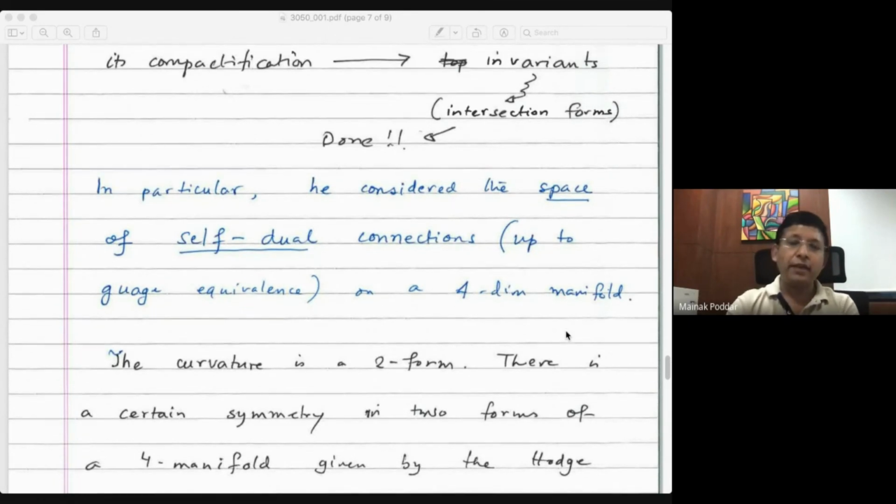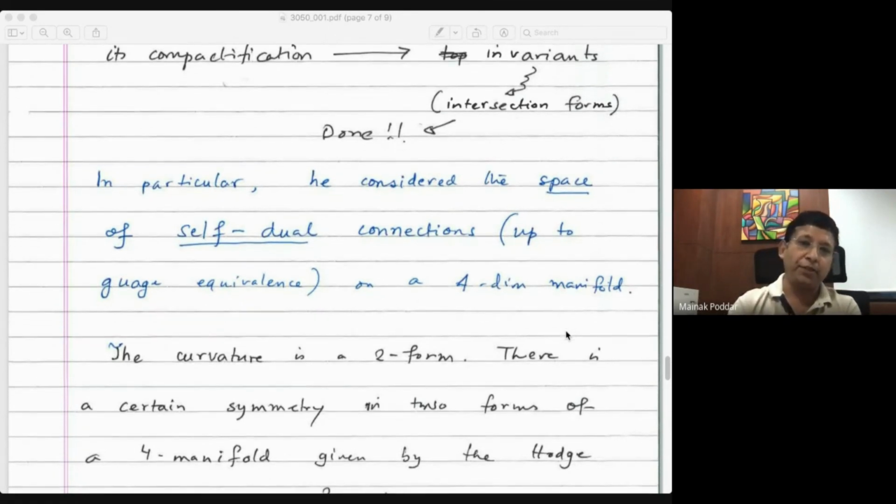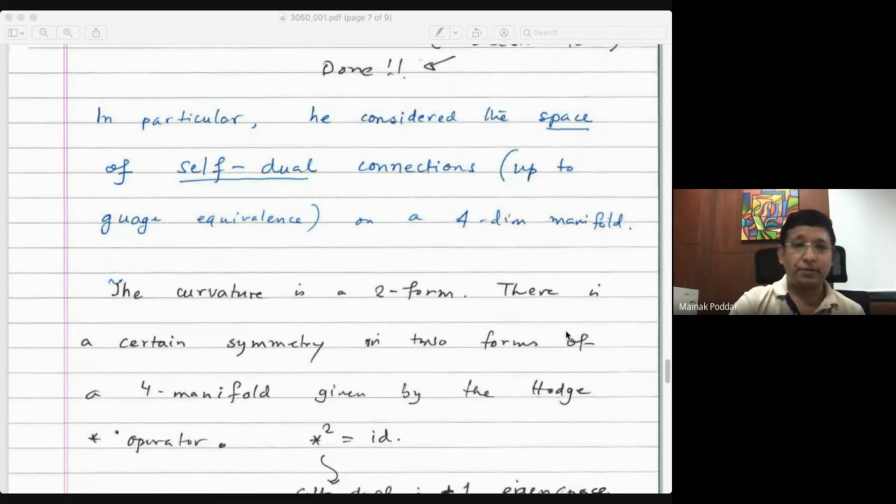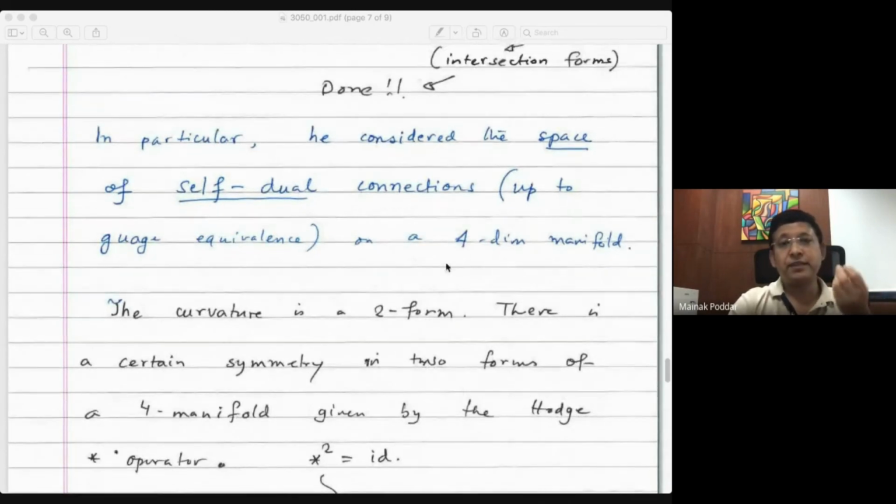And so you see, if one looks at the space of connections that satisfy some nice property, it involves a huge amount of hard work and a lot of details, but then the space itself has some topological invariance, something like Euler characteristic, for instance.